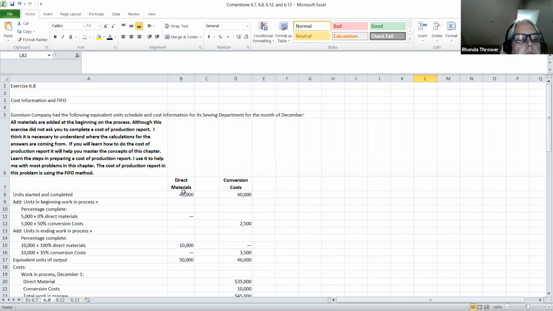Now, in this particular problem, it tells you that all the materials are going to be added at the beginning of the process. Although this exercise did not ask you to complete a cost of production report, I, as the instructor, think it's necessary to understand where the calculations for the answers in Cengage are going to come from.